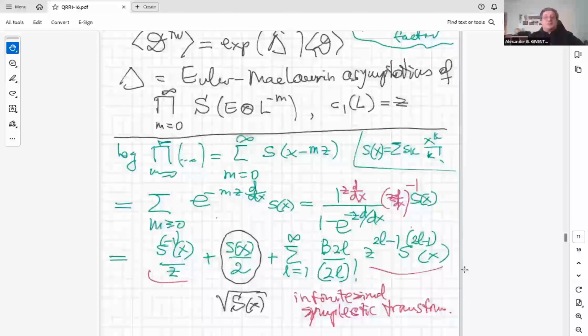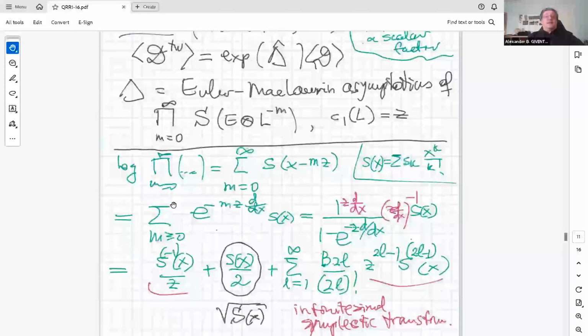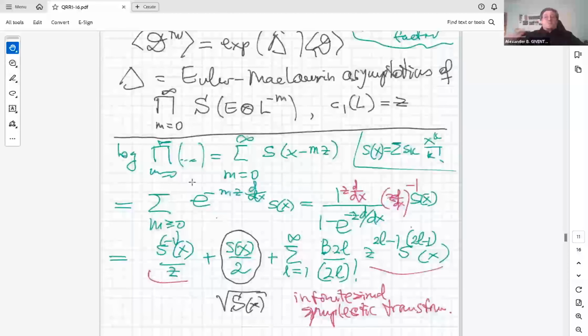Here is the explanation of it. First of all, let's take the logarithm of this infinite product. I assume that capital S is the exponential of some lowercase s.